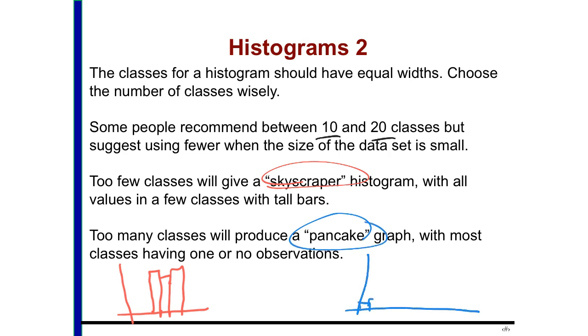It would be all really small, all kind of the same, spread out. They should be the same width, and mine are not. But they'd all be very similar, so they're flattened down. So think of too few classes giving you that skyscraper, where all the values are clumped together and all about the same height and pretty tall, like skyscrapers. But then your pancake graph, all of it would be flattened out and pushed down, just like a pancake.